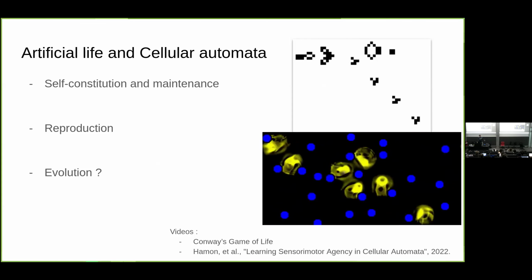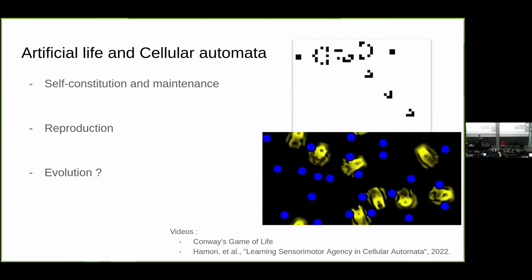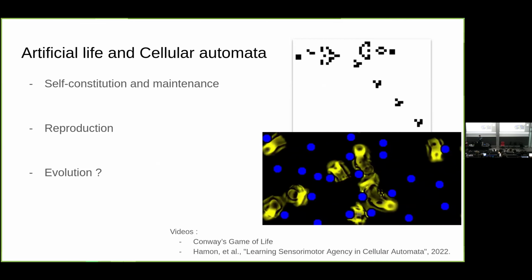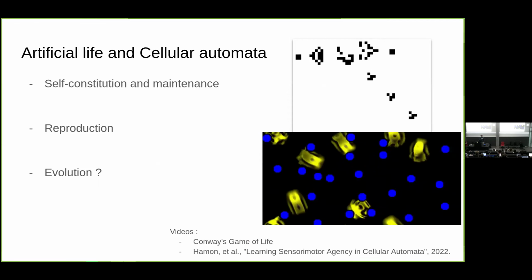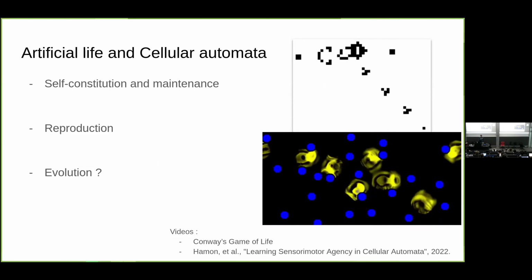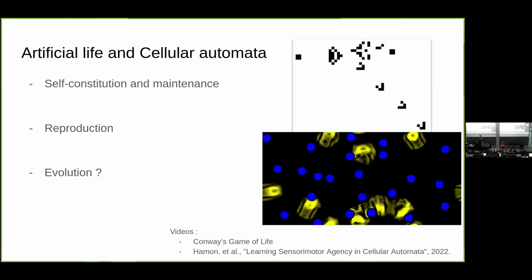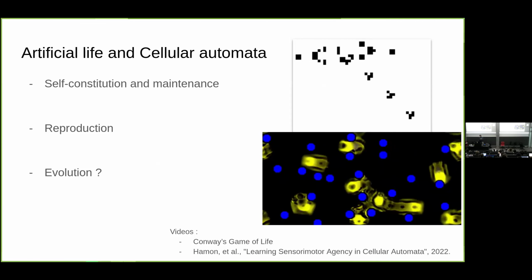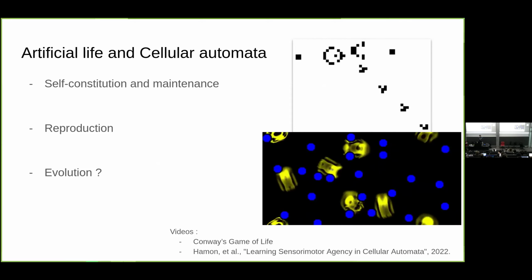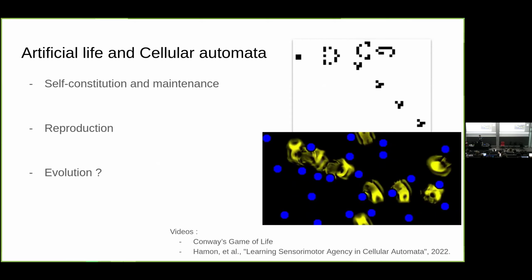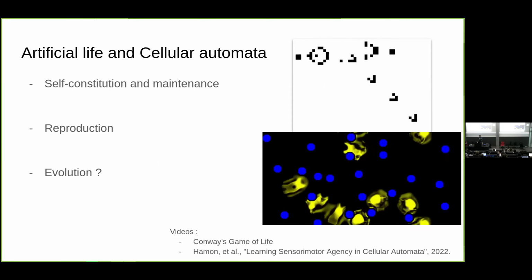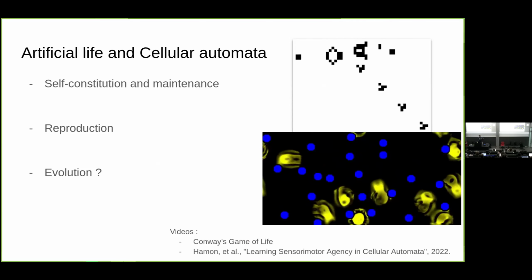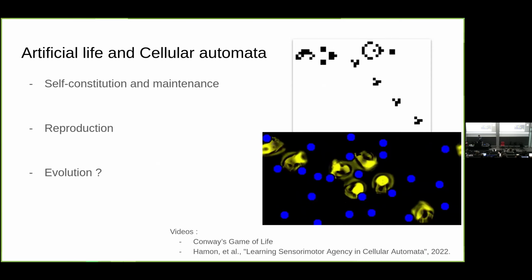And some capacities are also in the very crude to-do list to be alive, such as self-constitution and maintenance or reproduction. For example, in earlier work on Lenia, we have seen creatures that seem to be able to move around and duplicate themselves and be able to keep their form.